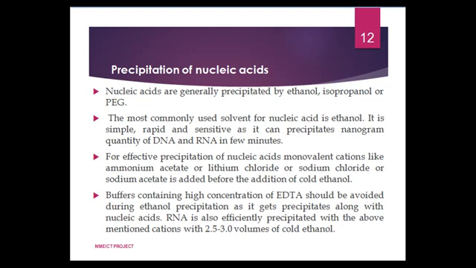It is simple, rapid, and sensitive, as it can precipitate nanogram quantities of DNA and RNA in a few minutes. Residual ethanol can be easily removed by air drying or vacuum drying the pellets for a few minutes. DNA concentrations as low as nanograms can also be easily precipitated under standard conditions.